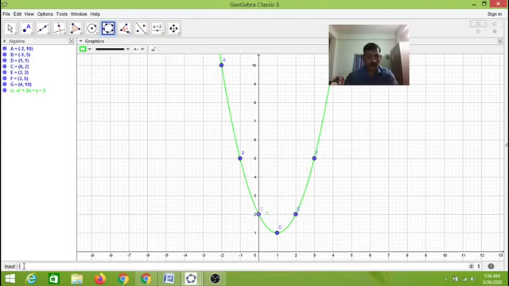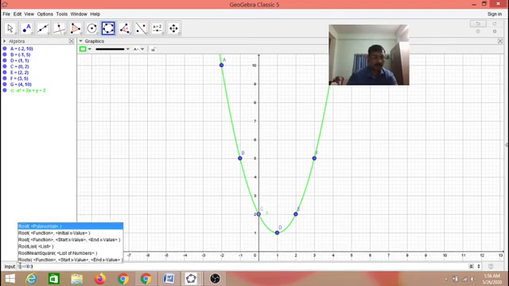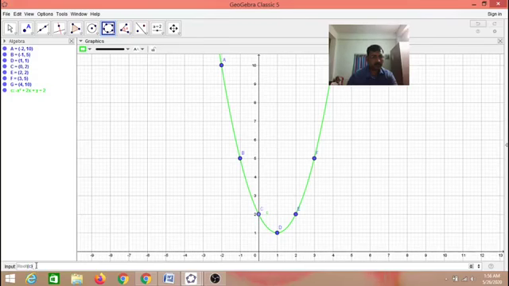Now again you can see that it is not meeting the x-axis.